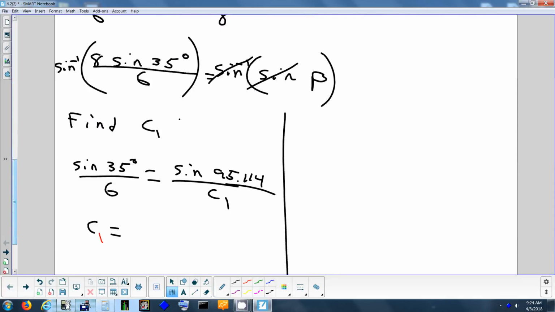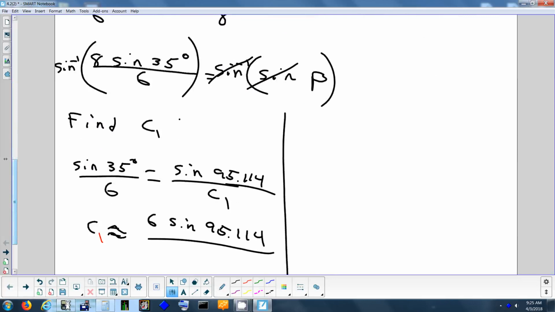And now from here, we just cross multiply. Technically, I shouldn't put an equal sign because I've already rounded something off. So this answer is even more rounded off. But since we went to 3 decimal places, we should all be at least accurate to 2. Right? If you're a little off in the 3rd one, that's okay.